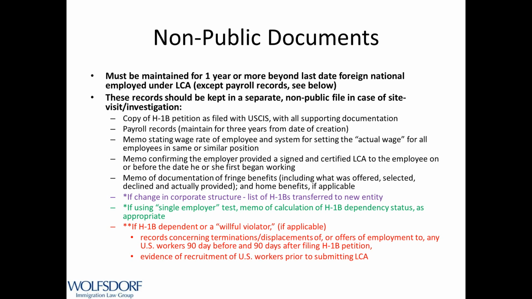So all the public disclosure file documents and non-public documents are fair game for the FDNS inspectors. Therefore, they have to be maintained, and it's very important that there's one person, or at least, not one person fully devoted to this, but that it's an essential part of record-keeping requirements for the HR departments.